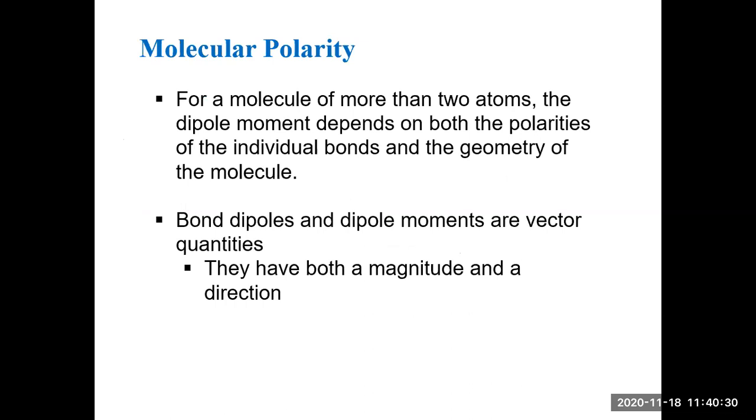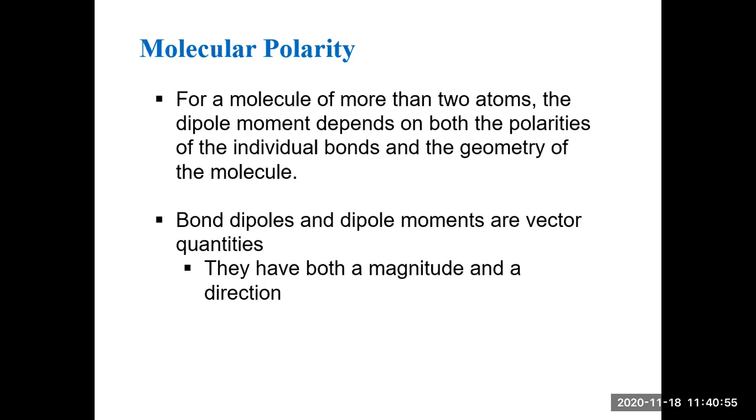Before we do that, I do want to point out that the dipoles and the associated dipole moments are vector quantities. And when we say something is a vector quantity, what that means is it has a magnitude and it has a direction. So in other words, it's not just the number, but it's also the direction that the number goes in.